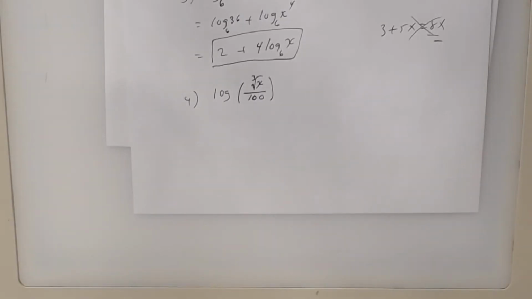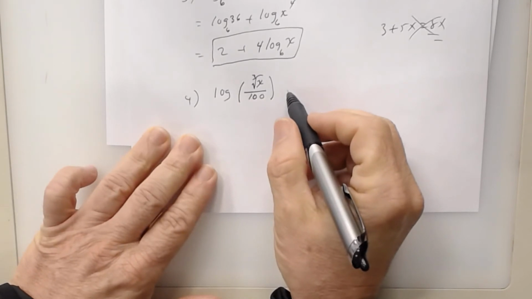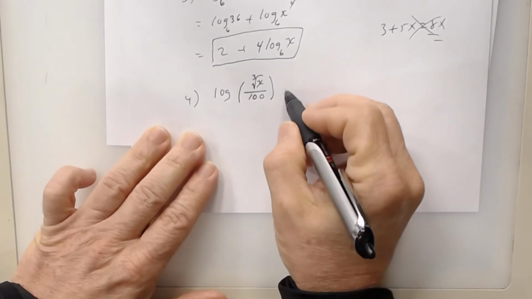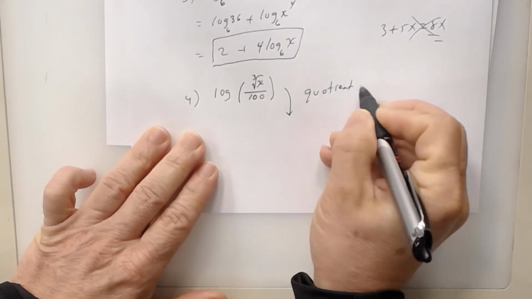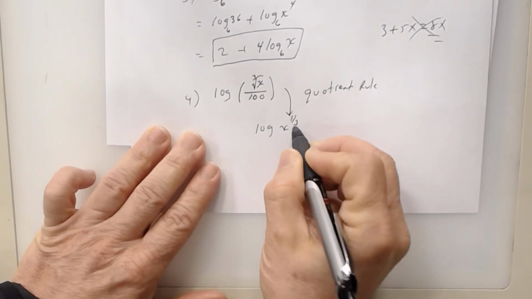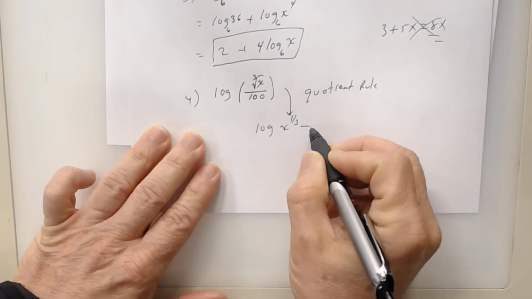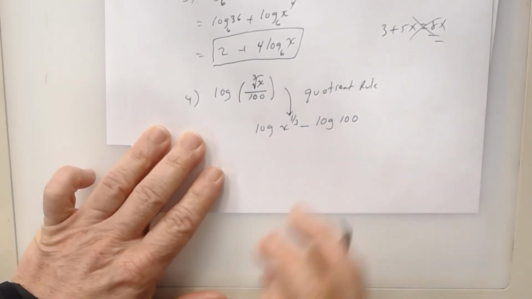There's no base there, so this is a common logarithm. Log of x to the 1/3. Okay? So you're using what rule here? Quotient rule. So going from here to here is the quotient rule. Minus the log of 100.